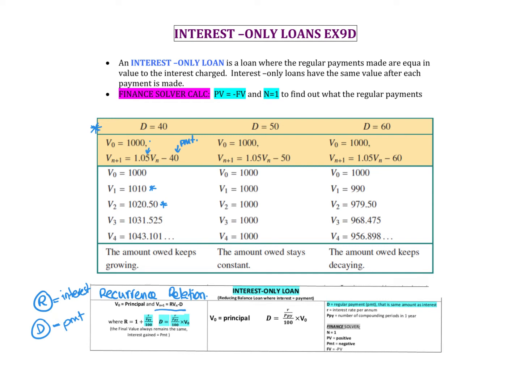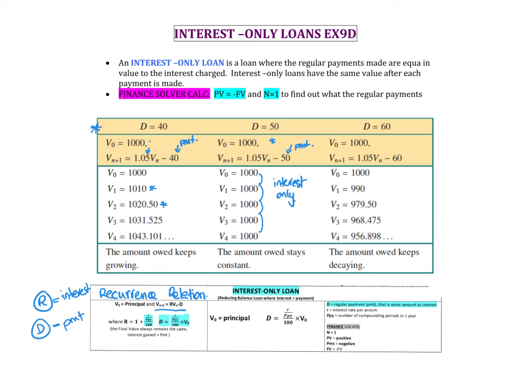If you look at this next one, you borrow $1,000 and you're getting 5% per period. So 5% is $50. It increases by $50, but you're making a $50 payment, so you can see that it never changes. So this scenario is an interest-only loan.